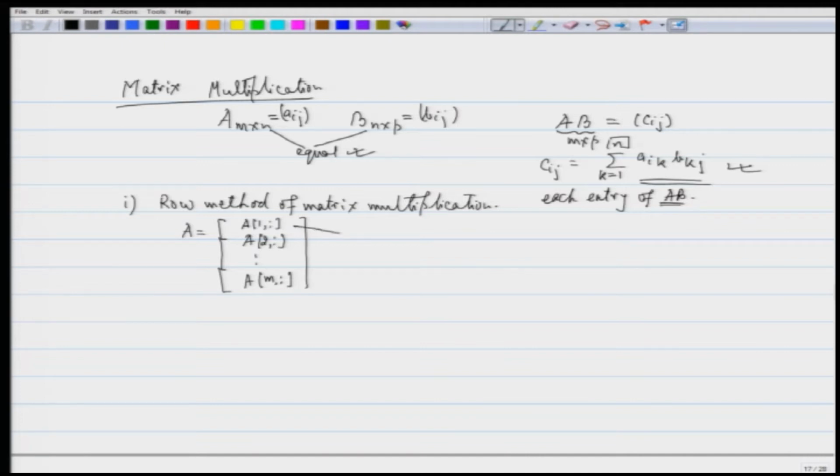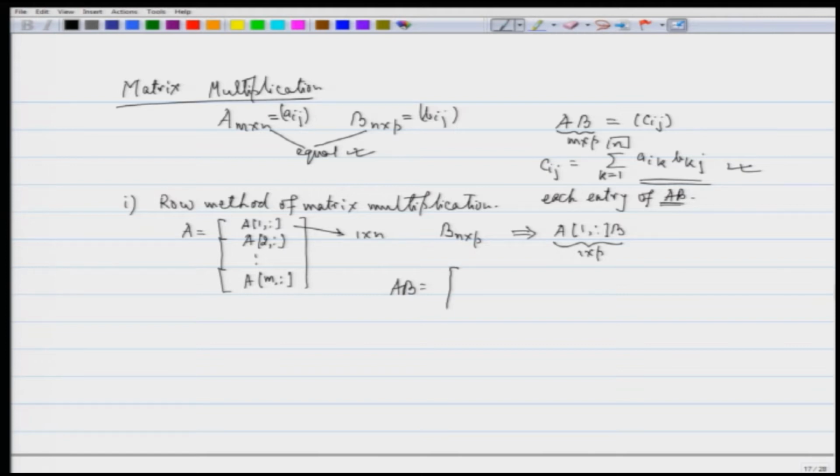Each of these rows has size 1 cross n, B is of size n cross p, and this implies that I can talk of the first row of A times B, and this is a 1 cross p matrix, fine.